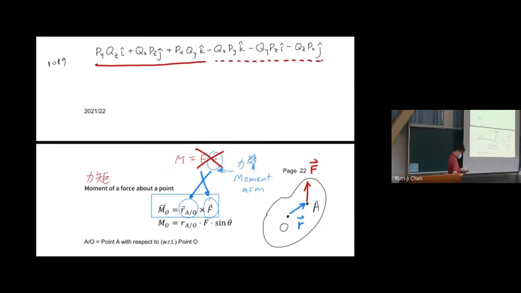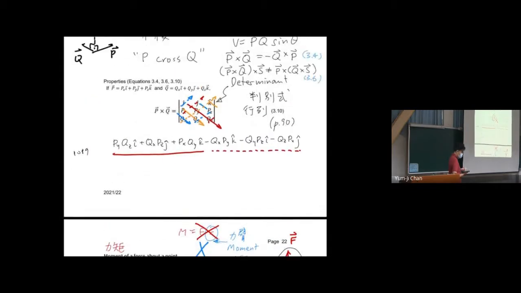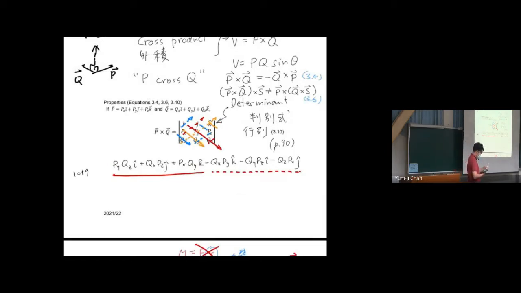Sorry, let me go back for a second. Because we know that P cross Q is equal to minus Q cross P. So if we want to get the right direction, we need to make this in the correct order.